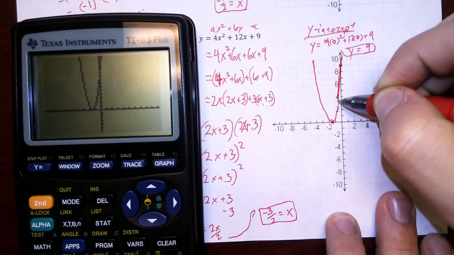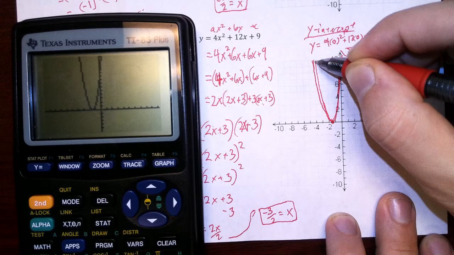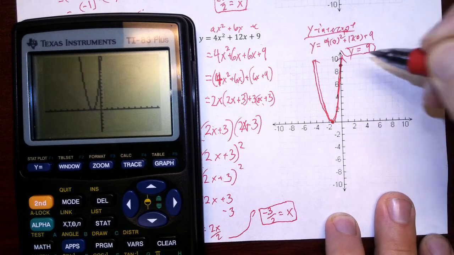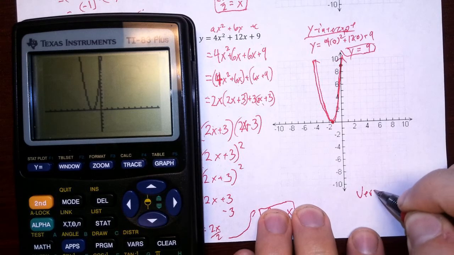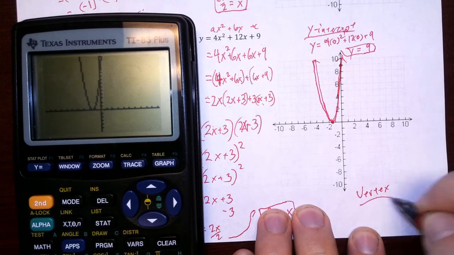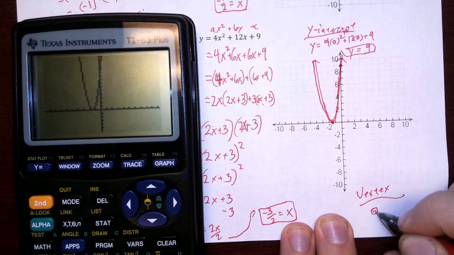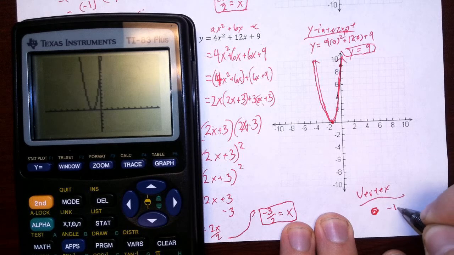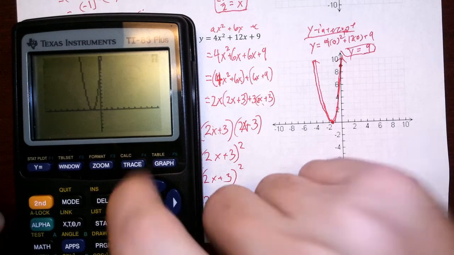If our only x-intercept is right when our equation is on the vertex, what's our vertex? And this is kind of the crazy part. Our vertex happens to be our x-intercept. Our vertex happens to be negative 1.5, 0. They happen to coincide.